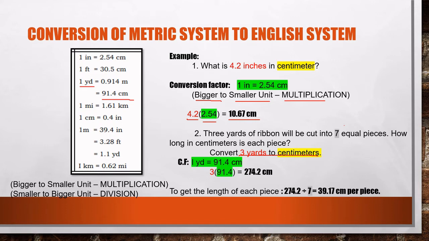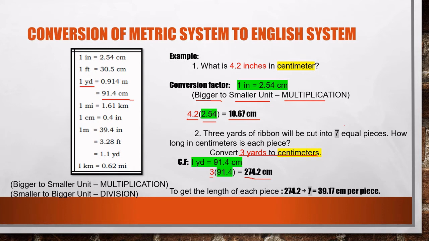So since, again, we are converting from bigger to smaller unit, we use the operation of multiplication. So that is, copy the given 3 multiplied by the equivalent of 1 yard, which is 91.4 centimeter. Then the product is 274.2 centimeter.